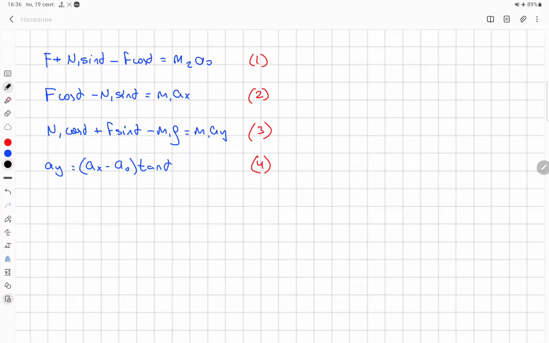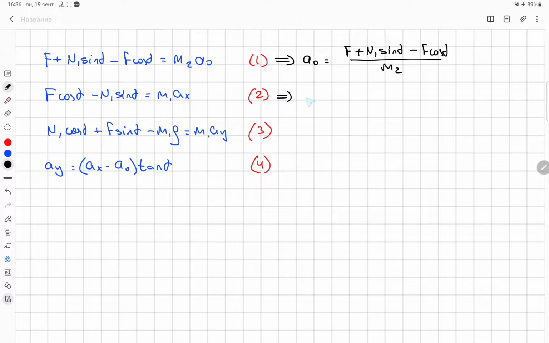So now we can solve it further. It's just a matter of math and time. From equation number 1, a0, the acceleration of the inclined plane, will be equal to F plus N1 sine alpha minus F cosine alpha, divided by M2. So in this equation we have basically only one unknown, N1.